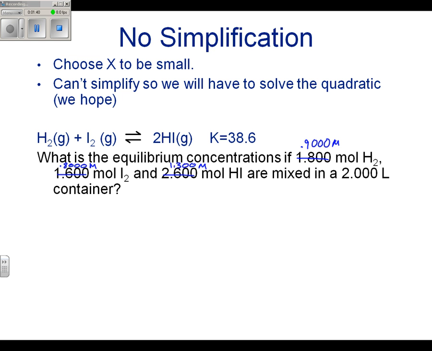Okay. Now, for this type of problem, we need to write our K expression, our equilibrium expression. It's the same one as we saw before. HI squared over H2 times I2, products over reactants. All right.